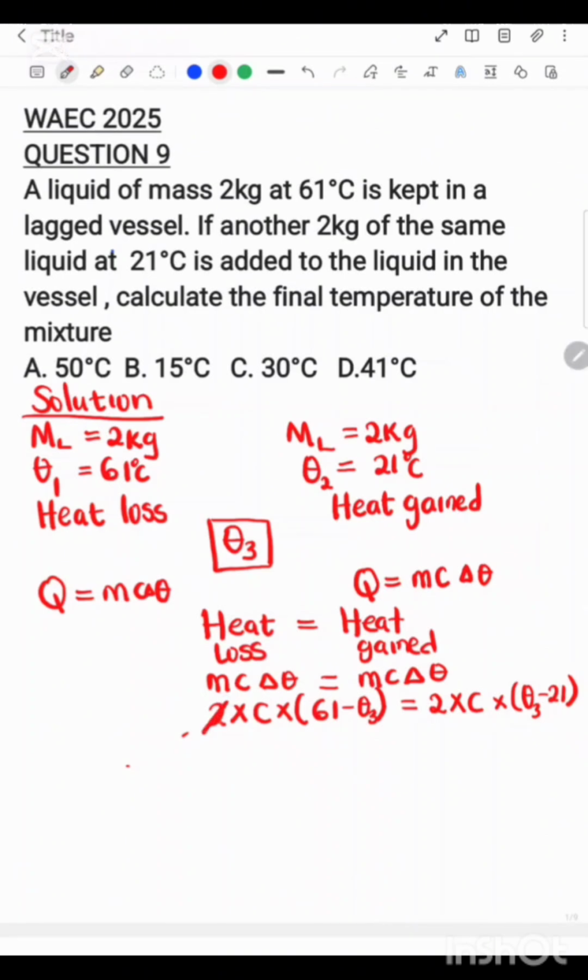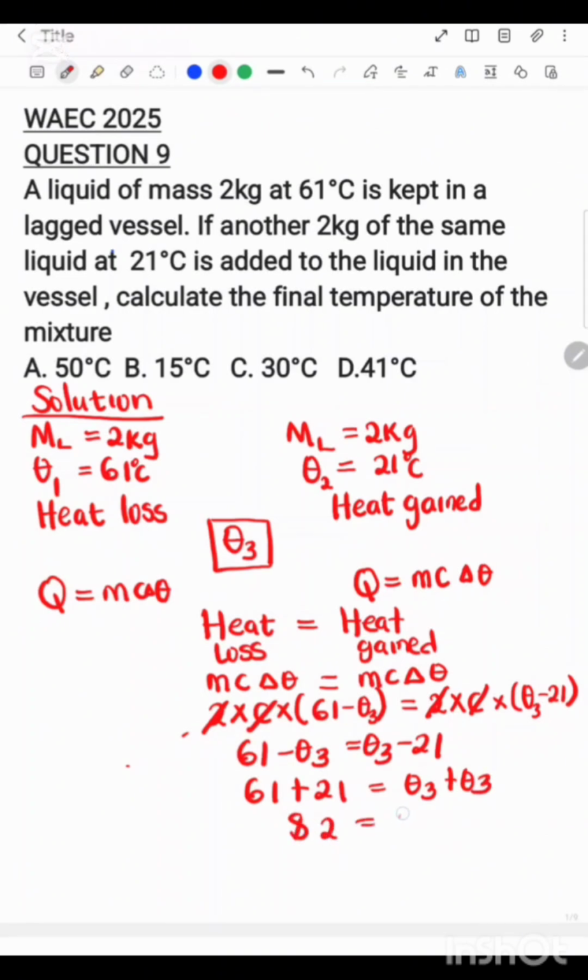And so 2 divided by 2, this divide this. So we are left with 61 minus theta 3 equals theta 3 minus 21. If you collect like terms, 61 plus 21 equals theta 3 plus theta 3. And this is 82 equals 2 theta 3.